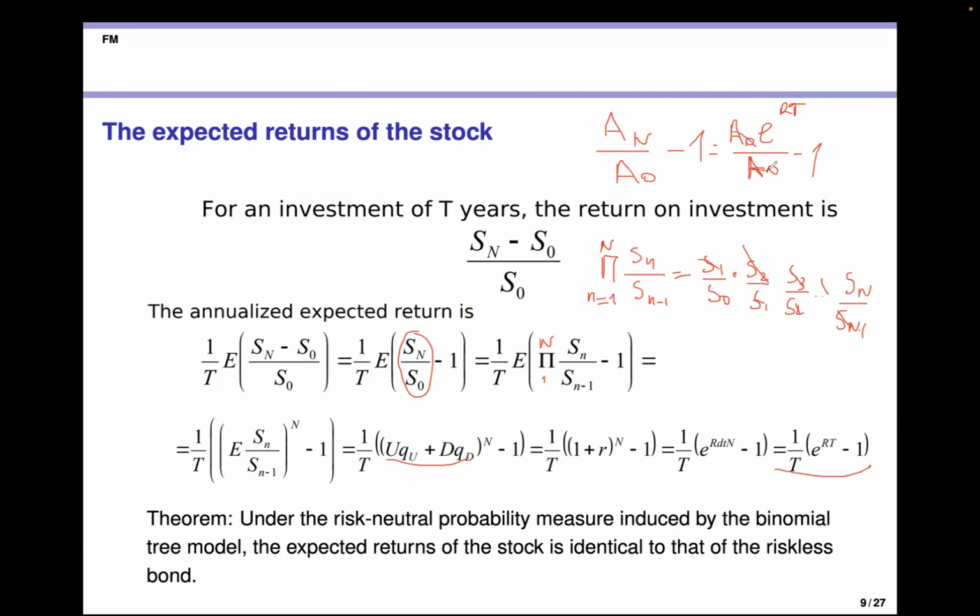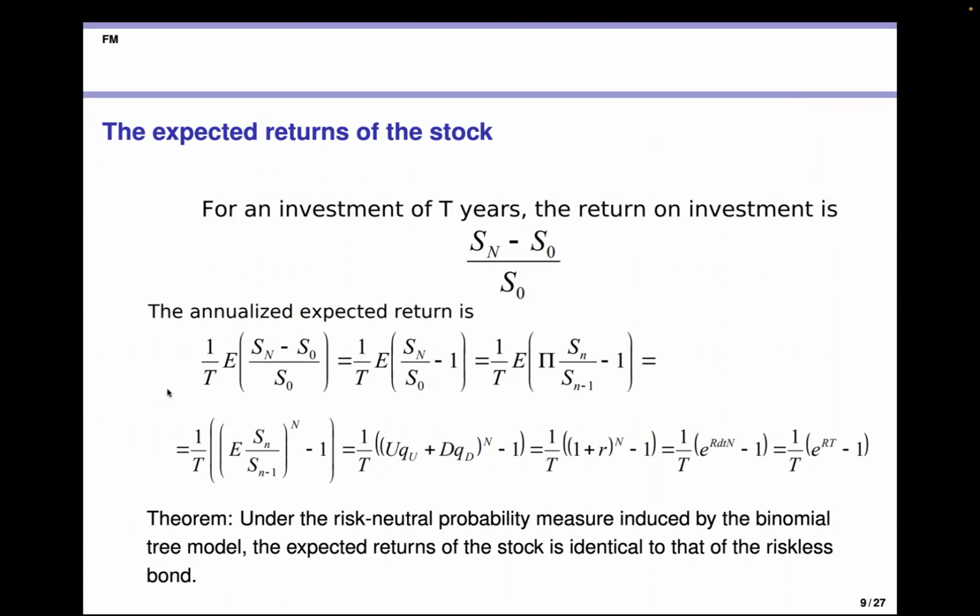This is for the riskless value, and that is for the random value. You see that the results are the same. So the expected return of the stock is identical to the riskless bond.